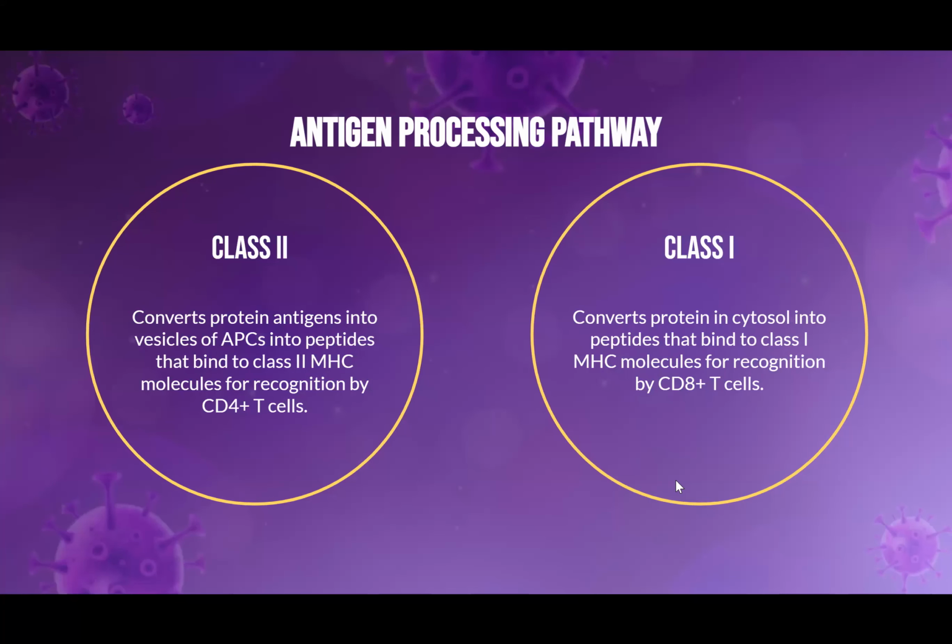So the antigen processing pathway. Class 2 converts protein antigens in vesicles of APCs into peptides that bind to class 2 MHC molecules for recognition by CD4 T cells. Class 1 converts protein in the cytosol into peptides that bind to class 1 MHC molecules for recognition by CD8 T cells.